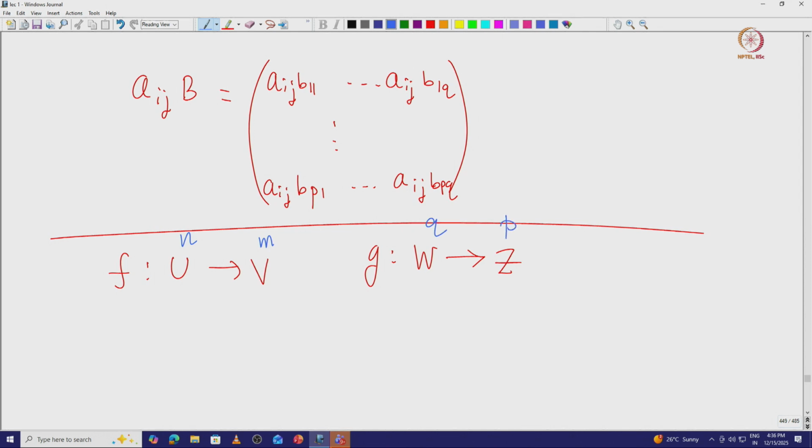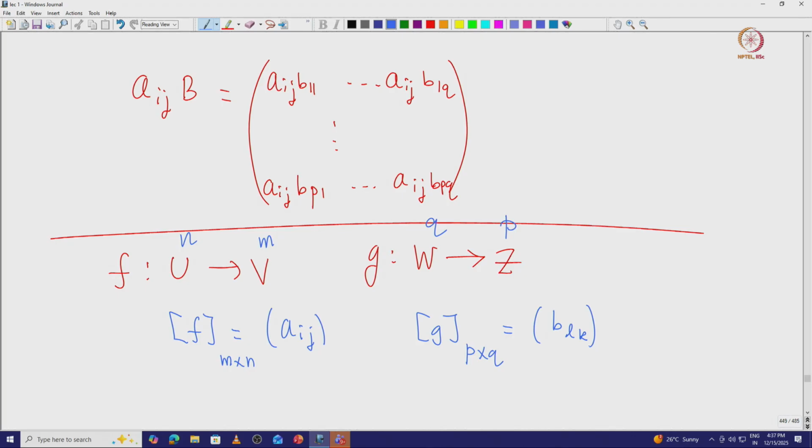So, basically the matrix of f with respect to the bases of U and V is going to be an m by n matrix. We denote it by Aij, and similarly the matrix of g with respect to some bases of W and Z is going to be a P by Q matrix, which is exactly given by Blk.